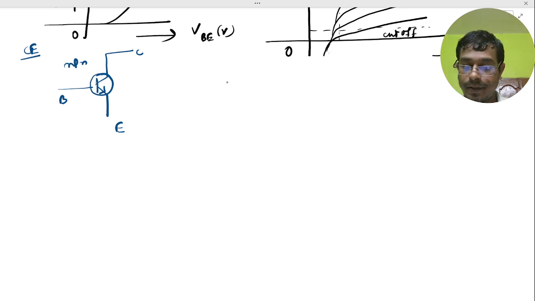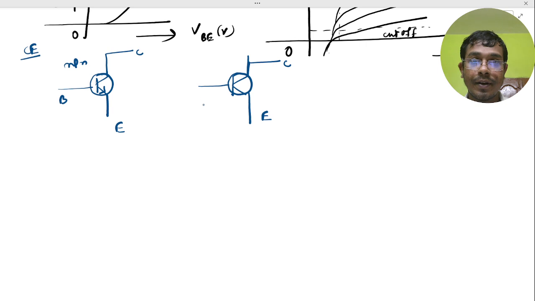For PNP, this is the emitter and the base, and current would flow from emitter to base.